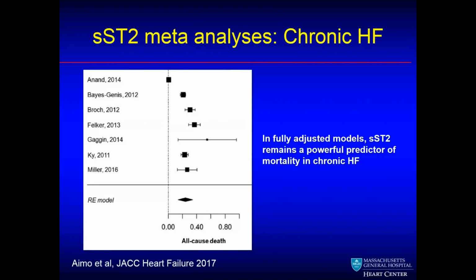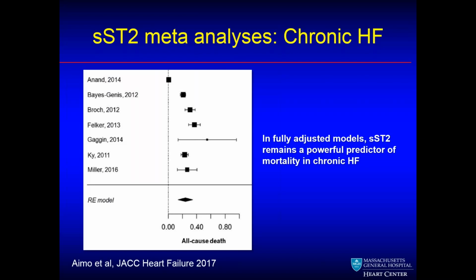There are many studies now that have shown the value of ST2 in chronic heart failure. This was another meta-analysis showing the value of ST2 in chronic heart failure, a single measurement, and even in fully adjusted models, ST2 was a strong predictor of mortality in chronic heart failure.